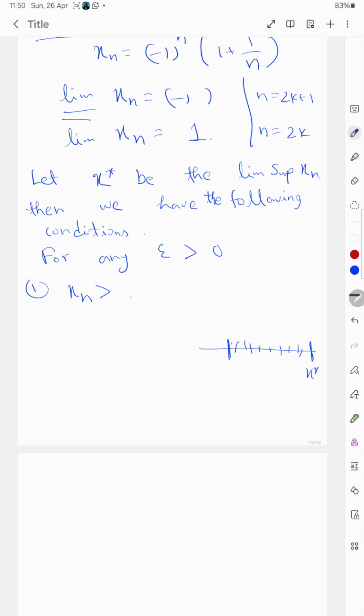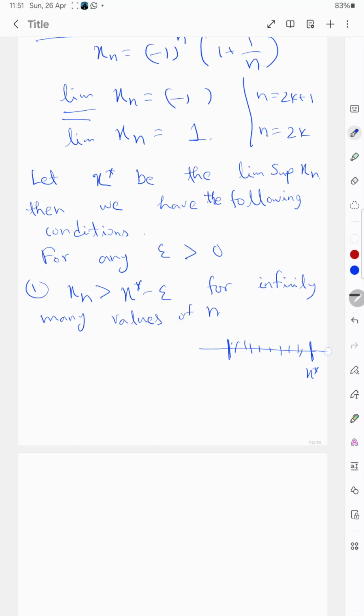First, xn will be greater than x star minus epsilon for infinitely many values of n.